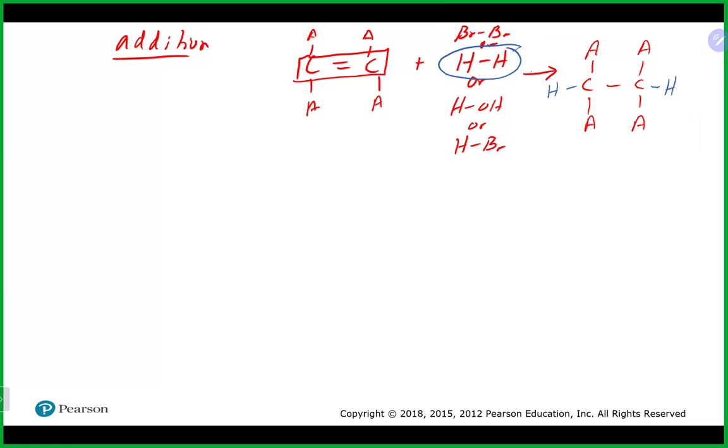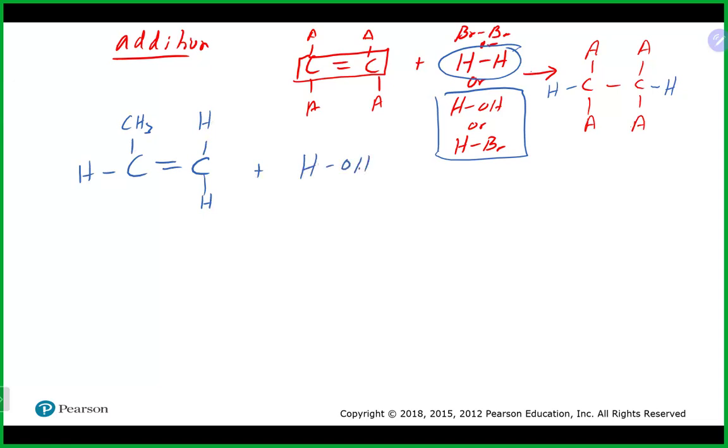Remember, though, if you are adding hydrogen and something else, which is the case with water or HBr or HCl, it does follow Markovnikov's rule, which applies if there is a difference when you look at the double bond carbons in terms of hydrogens. Let's do something like this, and say we're adding water. Again, not much changes.